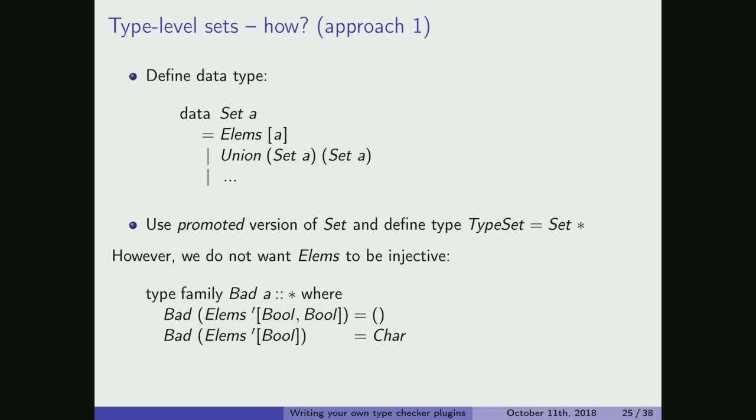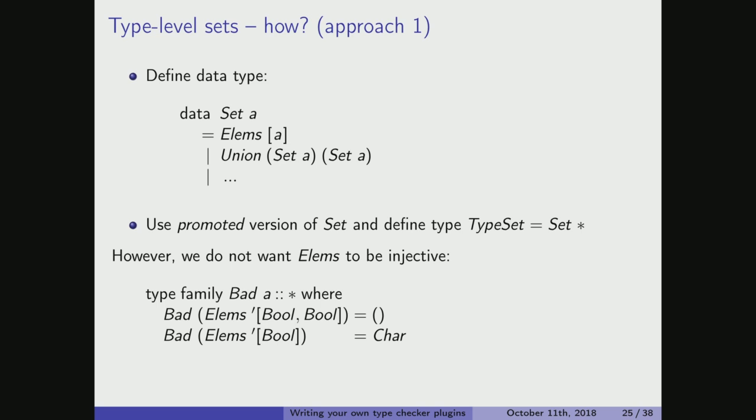Here's another approach that we can use, promoted data types, where we say, okay, these functions that I expected to have are just constructors of my data type, which works, kind of.